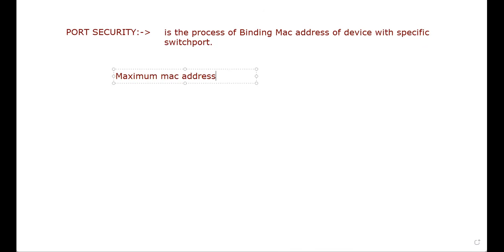The range is 1 to 132. On one port, for example F0/1, minimum one PC can be secured, maximum 132 MAC addresses. And then you have to assign the MAC address, like which MAC address you want to assign.